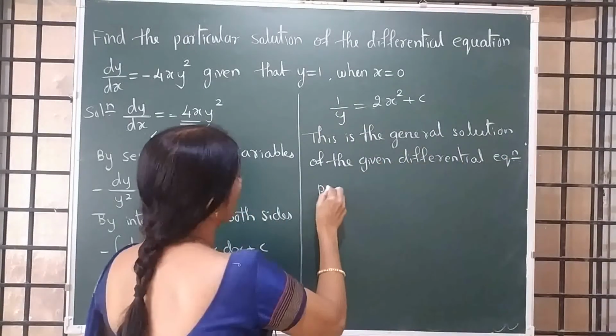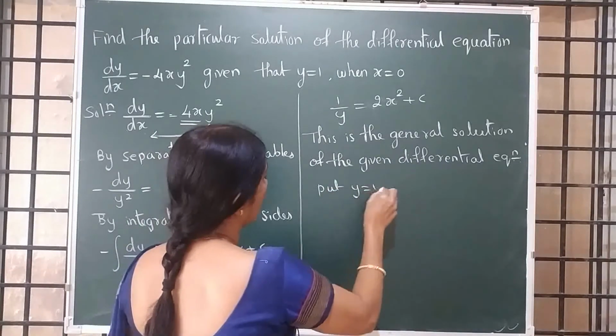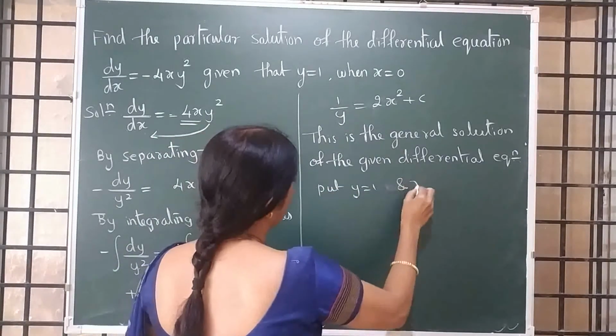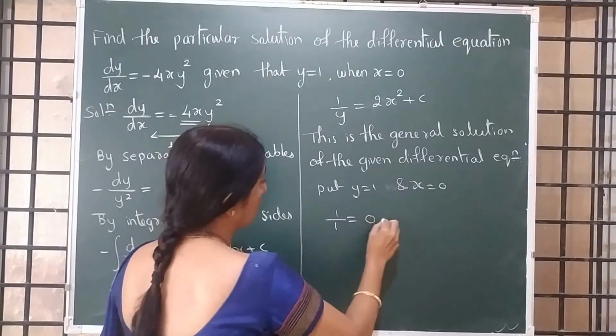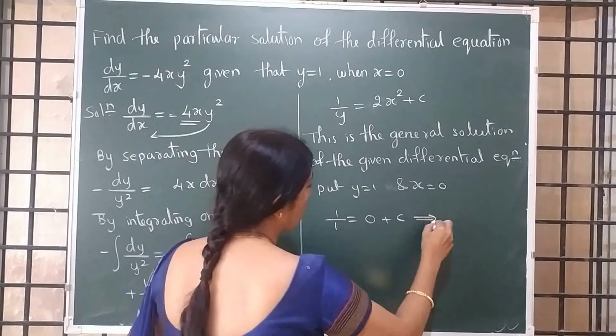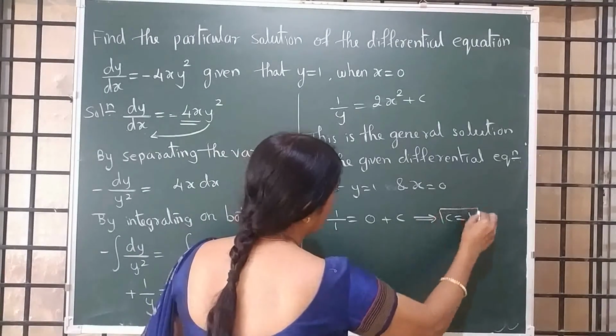Next, put y is equal to 1 and x is equal to 0. This is 1 by 1, x is 0, implies c is equal to 1.